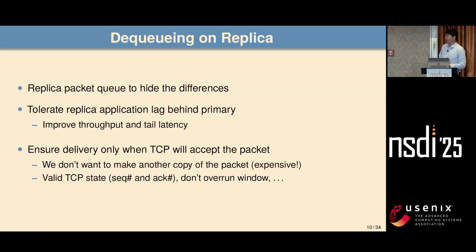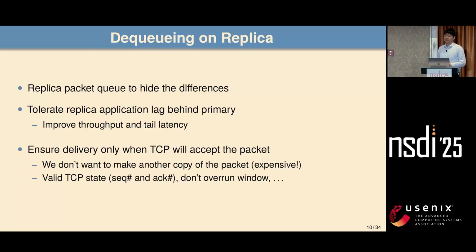Because HATCP allows the replica to fall behind, the replica may receive a packet that acknowledges data that hasn't been sent. Normally, if we deliver this packet directly into the TCP stack, the TCP stack will reject this packet. To solve this problem, one solution is to always copy the packet before we deliver it into the TCP stack.